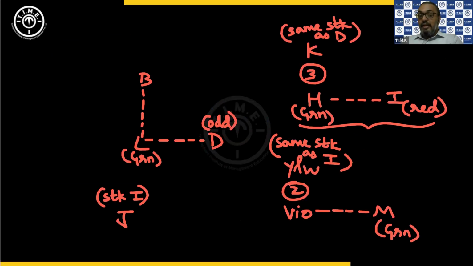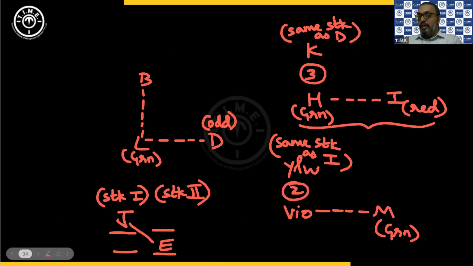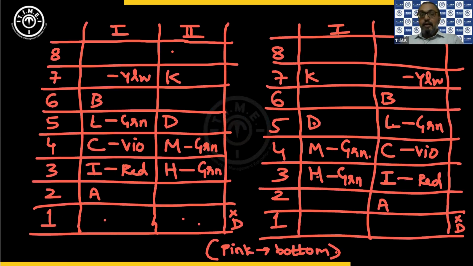See, J is immediately above E, but not in the same stack means E should be in stack number 2, immediately above E but diagonally, not in the same stack, because now he's clearly specifying it. So where are the possibilities? You can have J in the 7th position, E in the 6th position, or yeah, only that is the case.